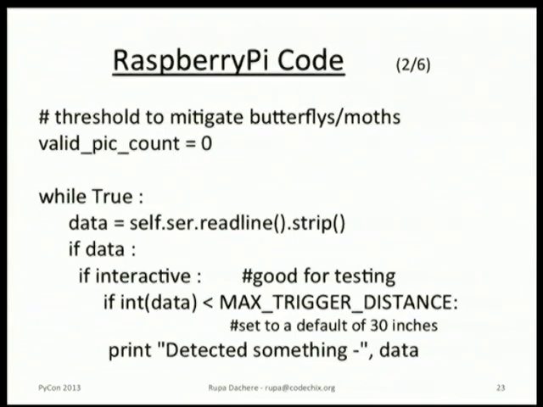And I have this thing called max trigger distance, which is why I was asking Anna to come up real close, because I've calibrated it for between 0 and 30 inches. So you have to be within that distance to be detected. And if you are, then it says detected something, as you saw in the demo.